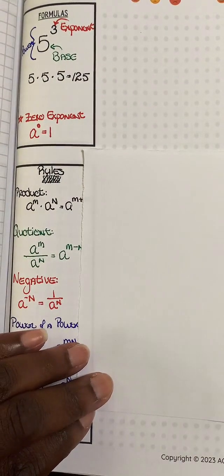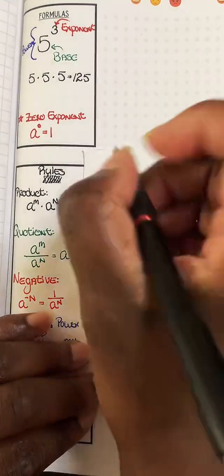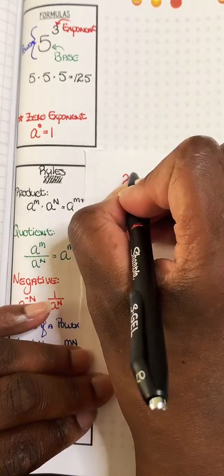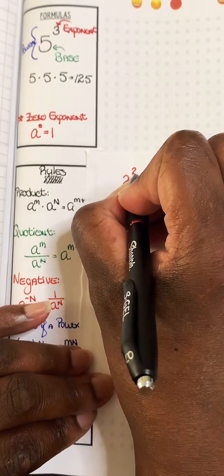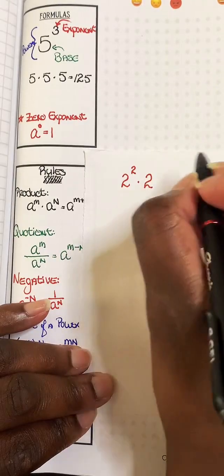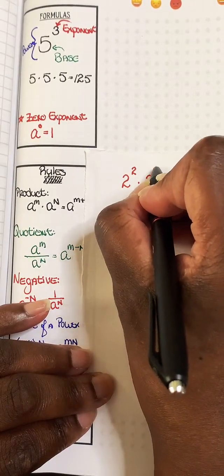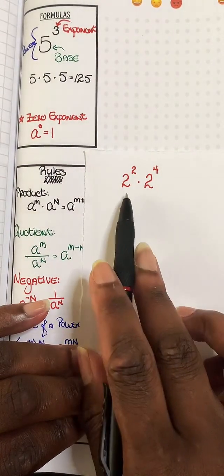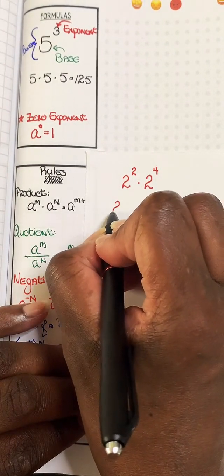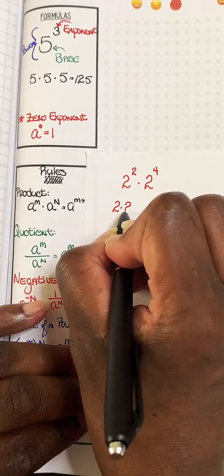So if I said, for instance, I want 2 raised to the second power times 2 raised to the, let's say, fourth power. 2 to the second power is saying I'm going to multiply 2 to itself 2 times.